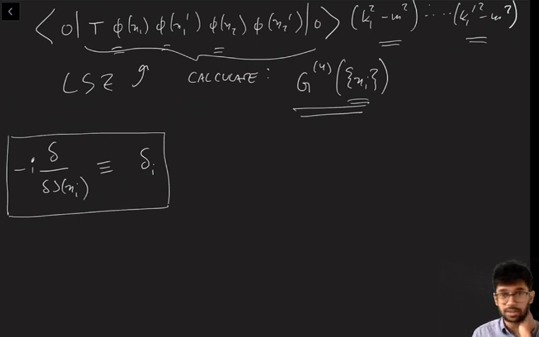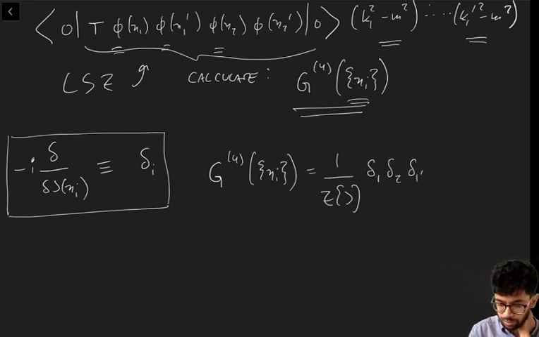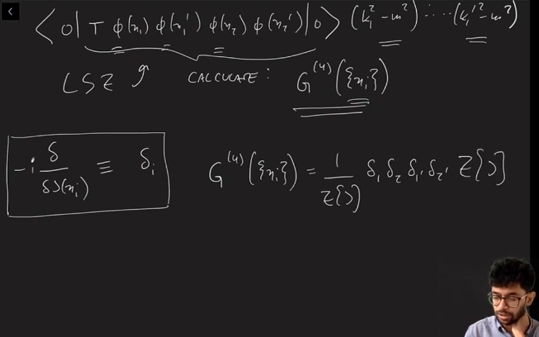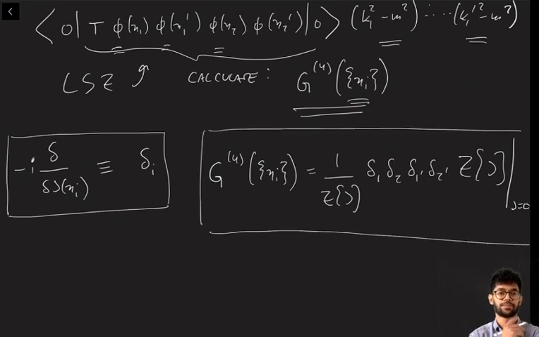In that case, we can conclude that the 4-point function G4 of xi is given by 1 over Z of j times the derivative 1, derivative 2, derivative 1 prime, derivative 2 prime of Z of j, all evaluated at j equals 0. And again, we derived this in previous lectures. So we take 4 functional derivatives of Z of j, and we get the 4-point function of the phi field.